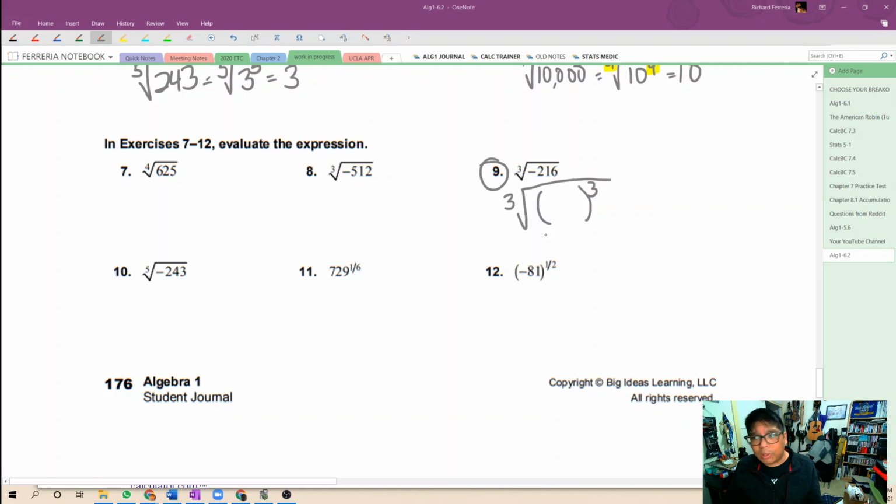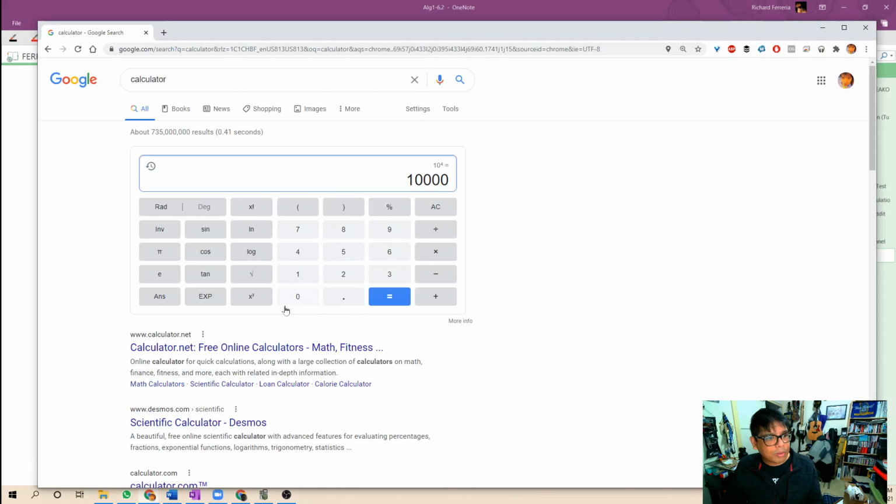Let's go to my Google calculator, and let's start with negative 2. All clear, and let's put a parenthesis. Now there is no dedicated negative button, so we'll do negative 2 with a minus sign, negative 2 to the third power. Okay, that's negative 8.